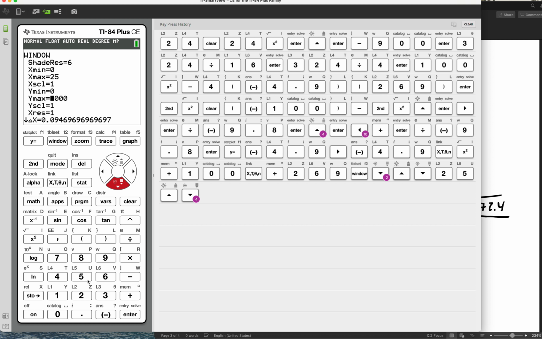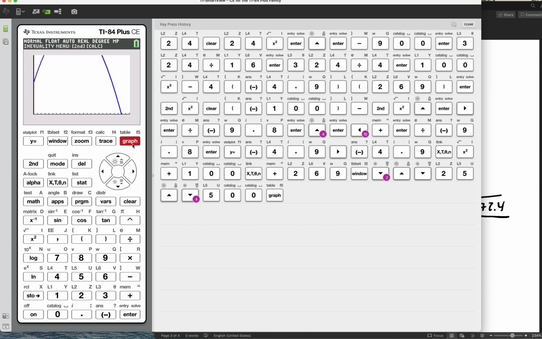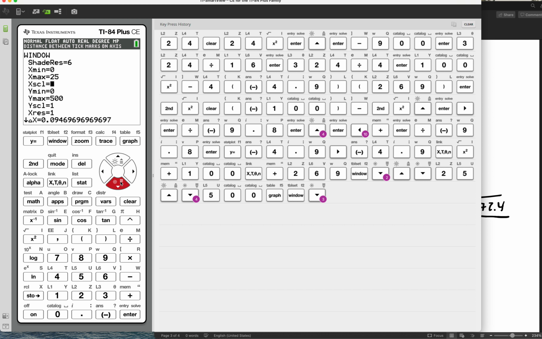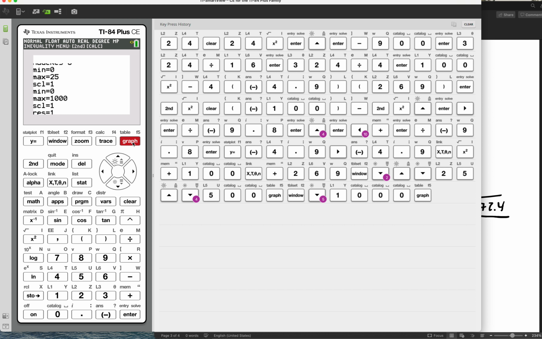And let's say the Ymax is 500, that's the highest that the rocket will go, although this is just an estimate. We see the rocket goes outside of our window, so we go ahead and make this larger, like 1,000. There we see a pretty good picture. There's the vertex. That's how high it goes, the y value.